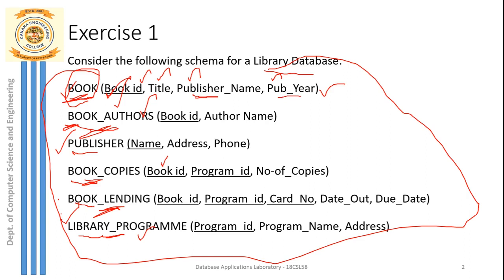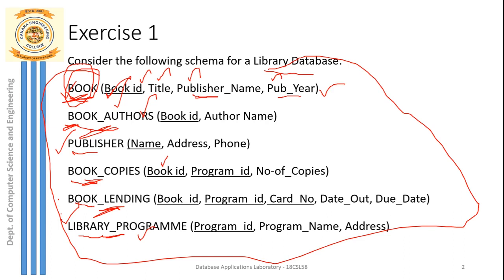So in total we have 4 columns for the book table: book ID, book title, the publisher of the book, and the publication year. The different values that you need to enter into the book table, we will discuss later.